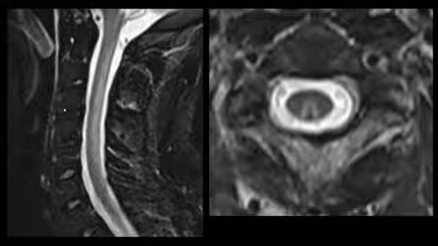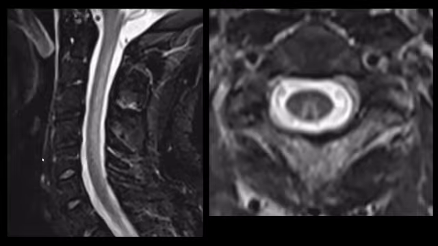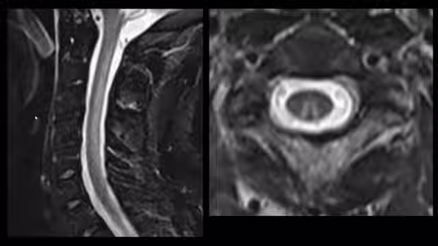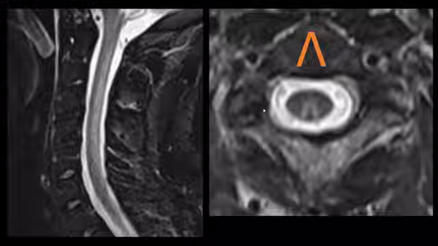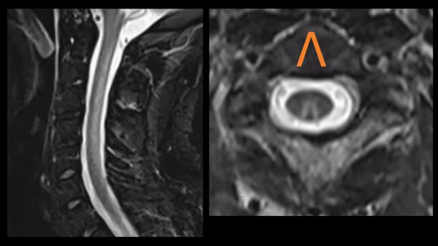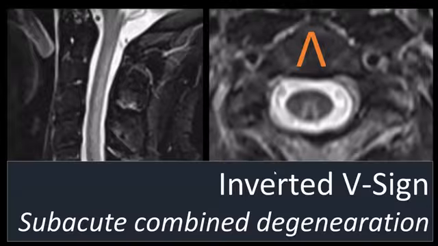Anyway, the patient abused this, then developed sensory disturbances, and on sagittal T2 weighted images of the cervical spinal cord, we see an area of myelitis located posteriorly, and on axial images, we see that this area looks like an inverted V. It involves the dorsal columns of the cervical spinal cord, which explains why the patient has sensory disturbances, and it's called the inverted V sign.